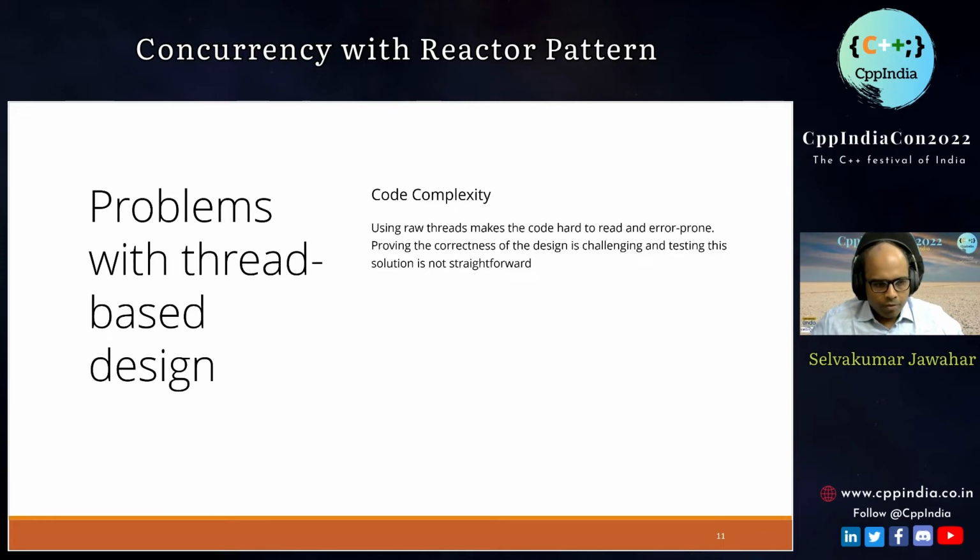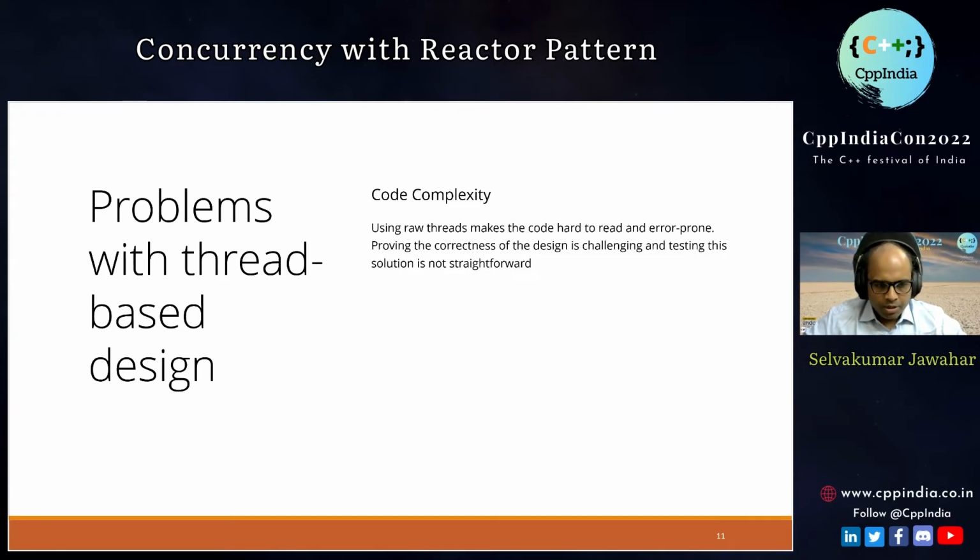When you start using raw threads, by raw threads I mean something like pthread or any equivalent without any higher level abstraction, and you start using raw synchronization primitives like mutexes, the code becomes harder to read, and when it's hard to read, it's hard to reason about, and it becomes more error prone.